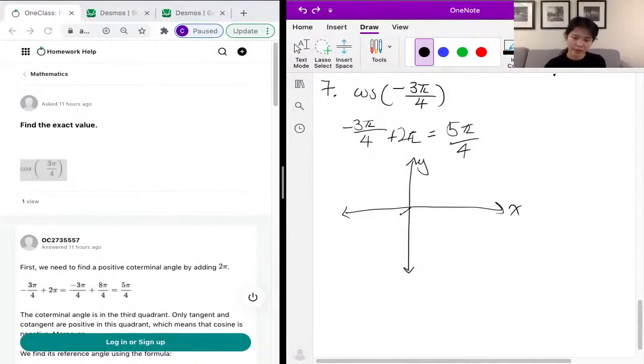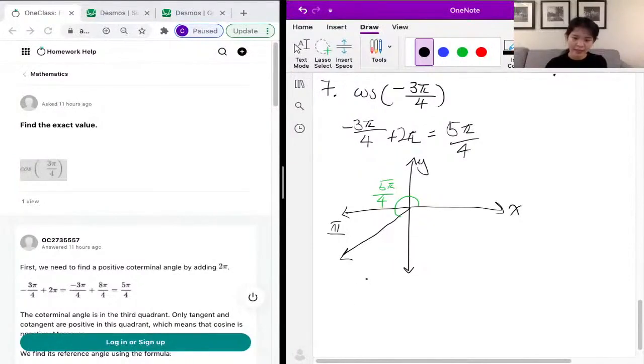So it should be around here. This is the angle we are interested in, 5 pi over 4. This angle is in our third quadrant, and cosine is negative in the third quadrant, so the cosine value is negative.